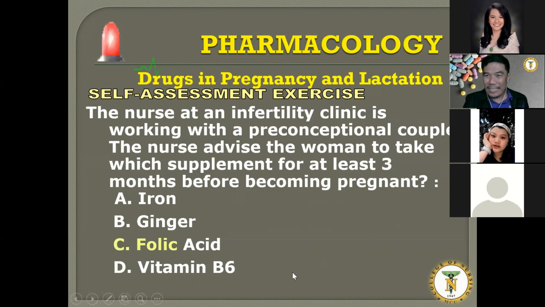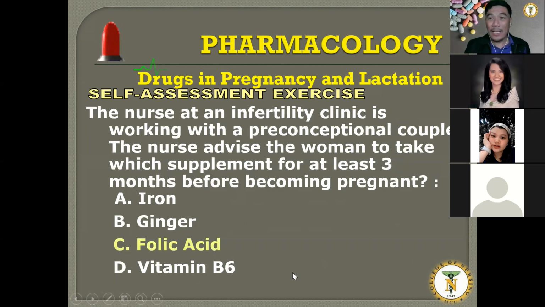Okay? Correct. Folic acid. Because again, ginger, root crop, hindi pwede. Kasama yan nila garlic, hindi pwede. Ang iron is given at the early third trimester, di ba? So ang folic acid talaga yung sa early months. Okay? And vitamin B6 or pyridoxine.